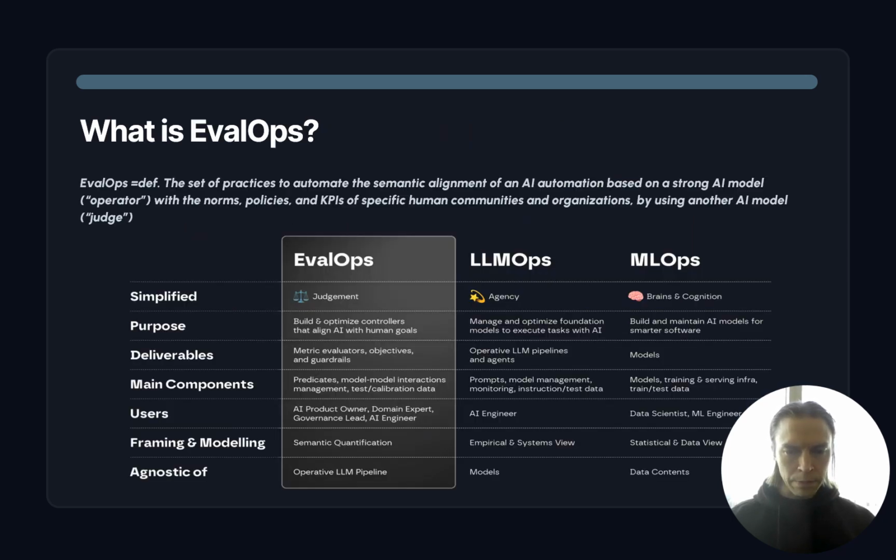We have written about this, and you can find more on the source materials. The general gist is that EvalOps is a special case of LLM ops and operates on different kinds of entities than LLM ops in general. It also requires different ways of thinking, different software implementations, and essentially a different kind of resourcing to get those evaluations right.